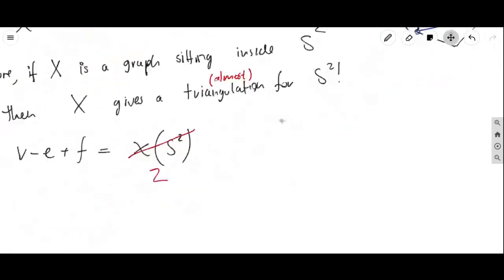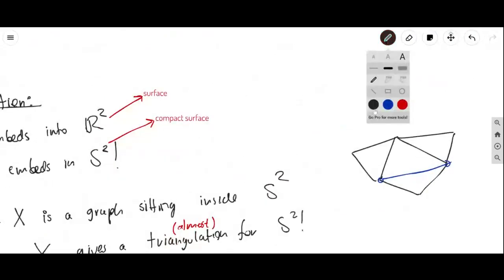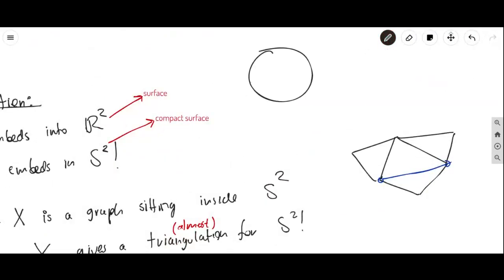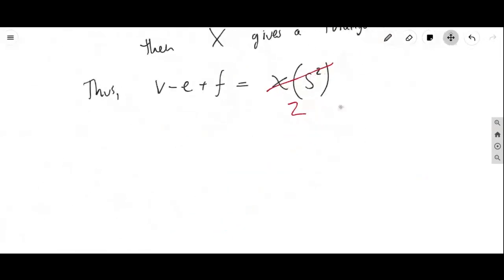In fact, what you could do, by the way, if you do not like to draw these embedded graphs, you can go back to the picture of the sphere again. Well, no, I'm not going to do it. I think it's just going to make it more complicated. So let's just forget that I was trying to say anything about that.